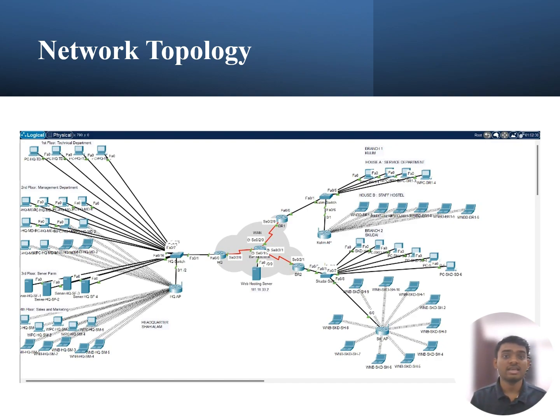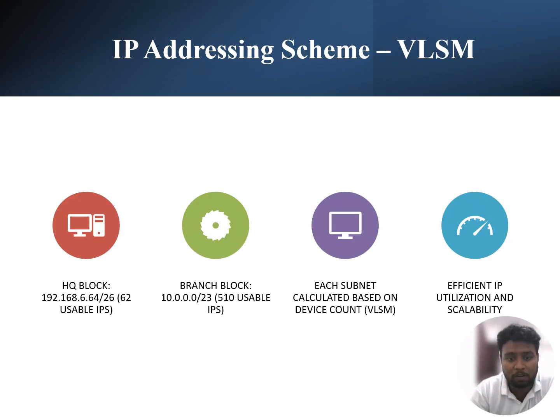Each branch has its own router, access point, and switches to manage local traffic and wireless communication. The network also links to a web hosting server located outside of the LAN, providing external access to hosted services. Overall, this architecture provides scalability, centralized routing, and complete connection across all locations while clearly distinguishing between local and long distance traffic.